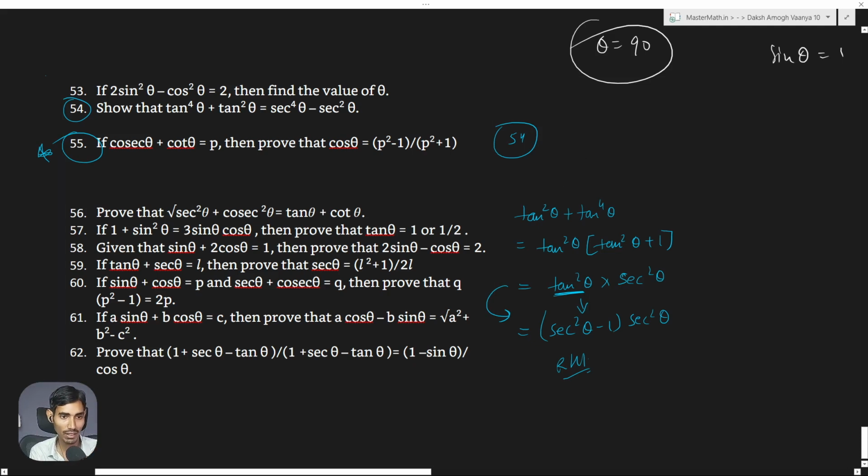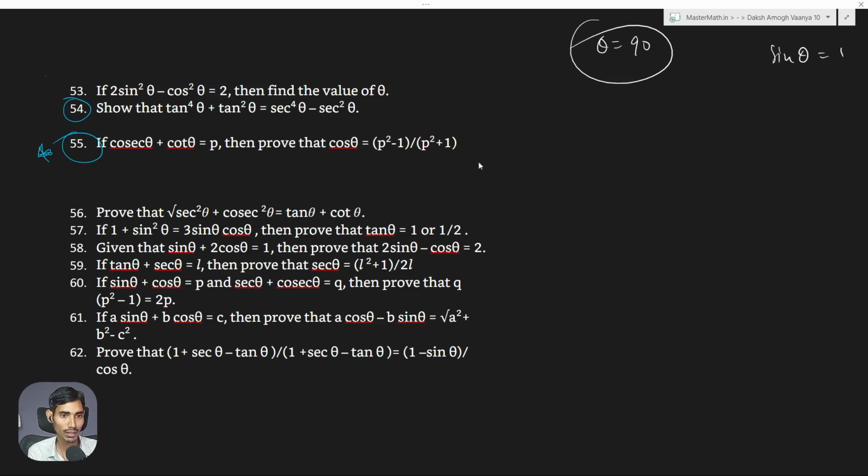Okay, see, we have this square identity in which we can use the a square minus b square identity. Cosecant square theta minus cot square theta is 1, which means (a plus b)(a minus b) is 1.